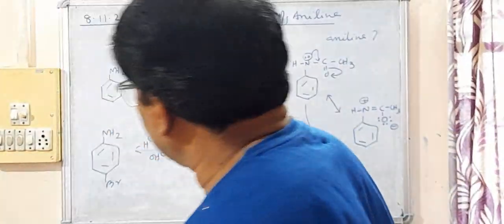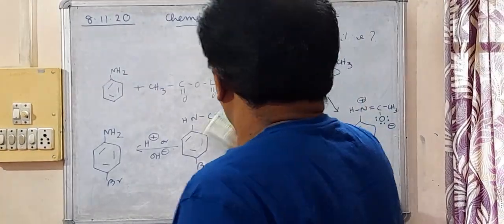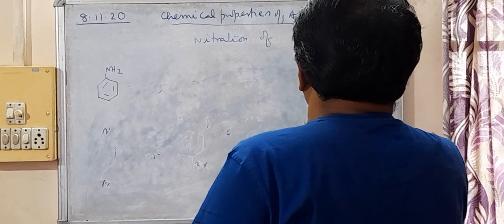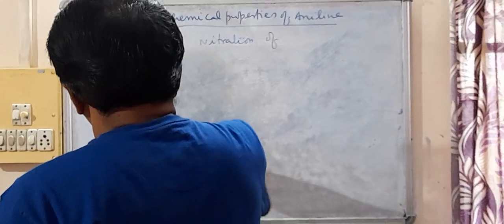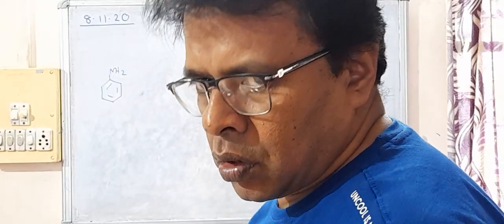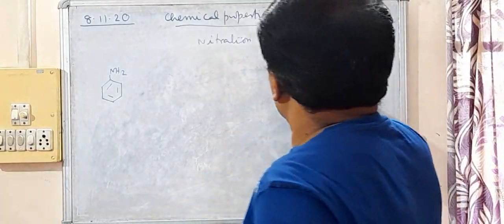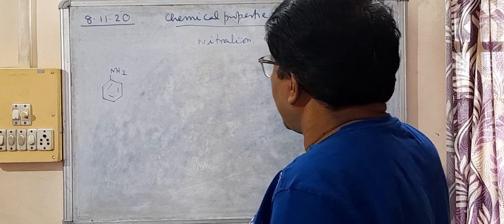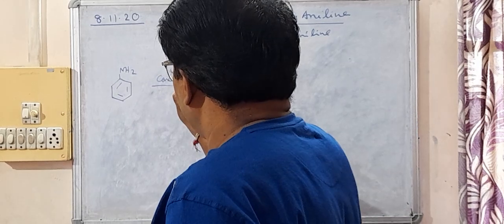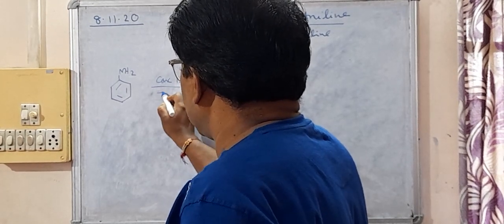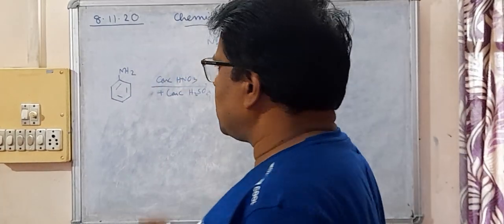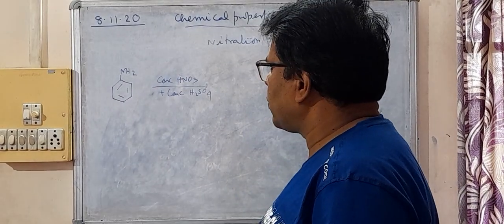Now to carry out nitration, we have to use the nitrating mixture. The nitrating mixture is concentrated HNO3 plus concentrated H2SO4. This is a nitrating mixture, and with this we do nitration.